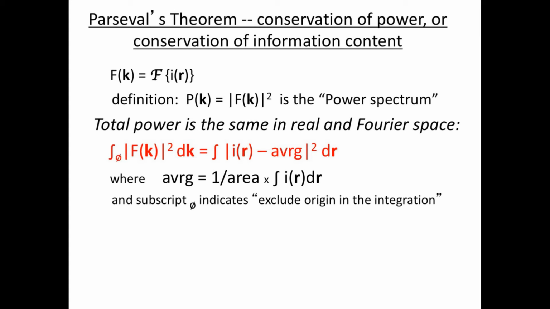And now the total power is the same in real and Fourier space. So if we integrate over the power spectrum, then we get the same as if we integrate and perform the variance. This is exactly the same thing. Now you can see here in this case we have to subtract the average before we take the square. And here this is equivalent to taking the zero term out, the origin term, in the Fourier transform.